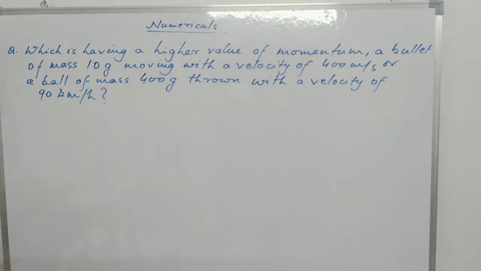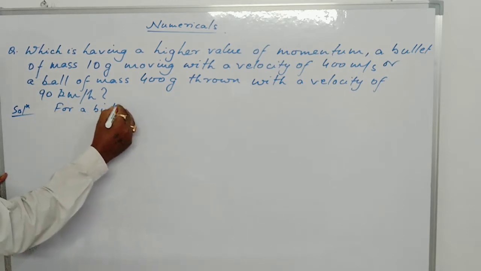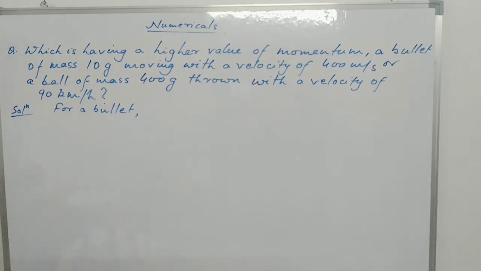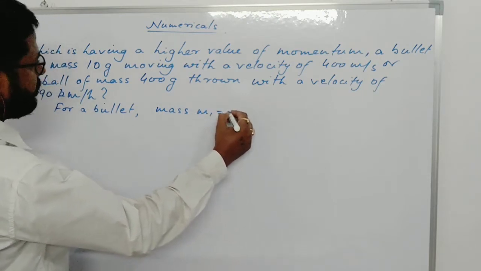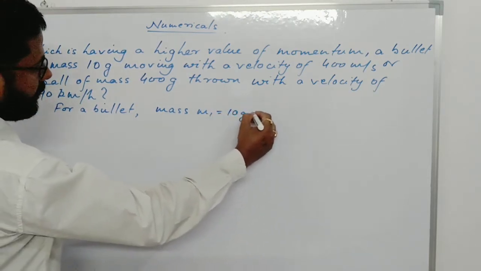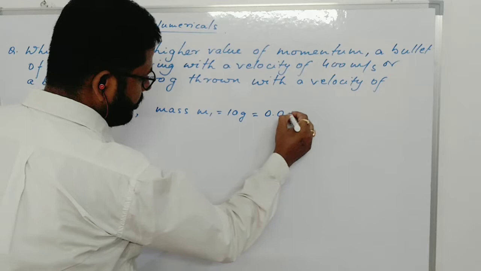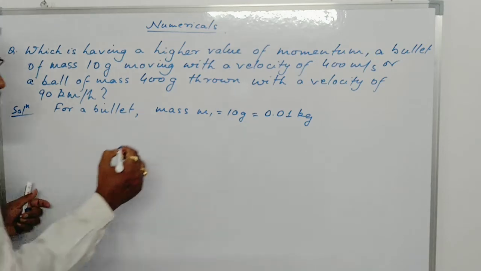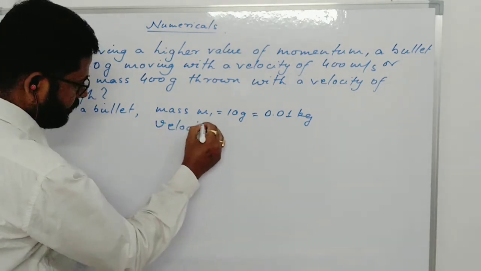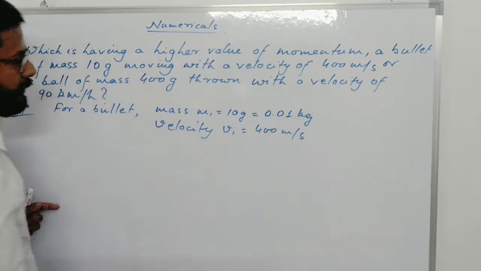So let's start. What is given for the bullet? The mass of the bullet, suppose m1, is 10 gram, which is equal to 0.01 kg. The velocity of the bullet, suppose v1, is given as 400 meter per second.